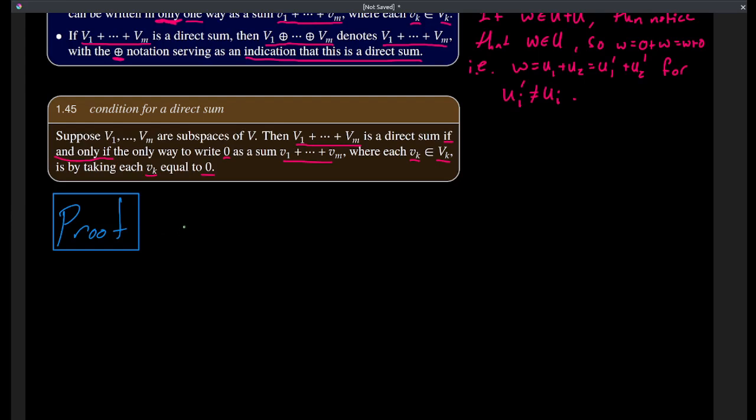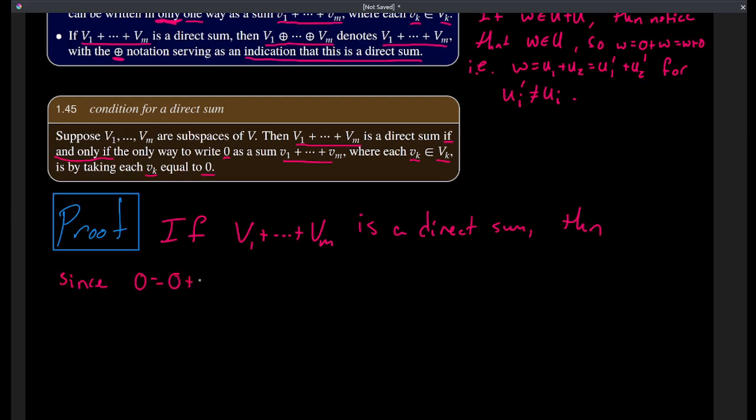So let's prove it. Now, if v1 plus ... plus vm is a direct sum, then since 0 equals 0 plus all the way up to 0, we get our desired result.